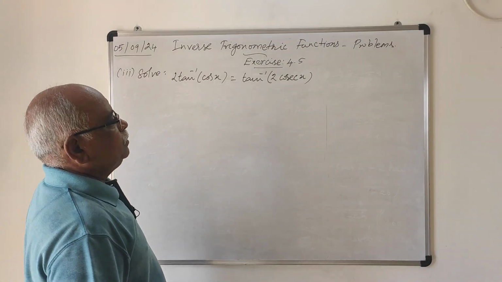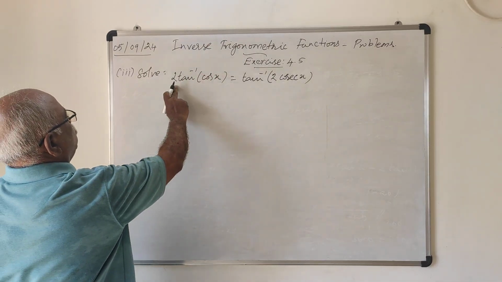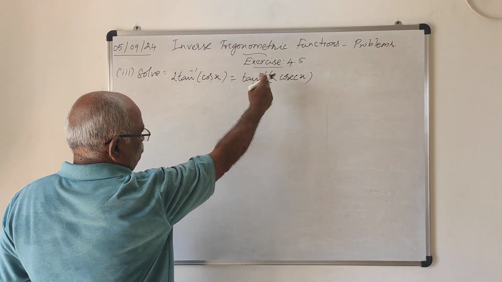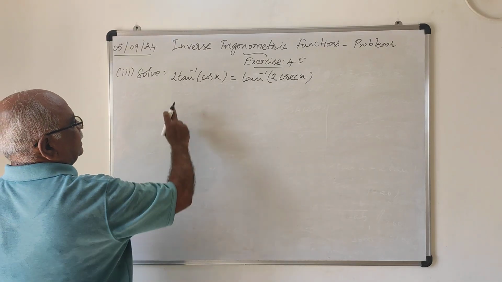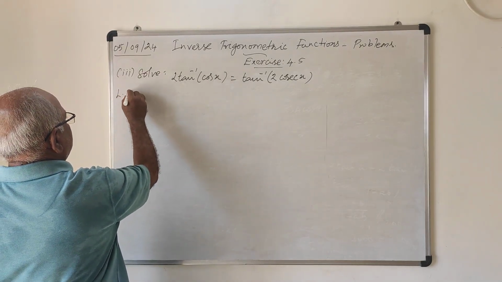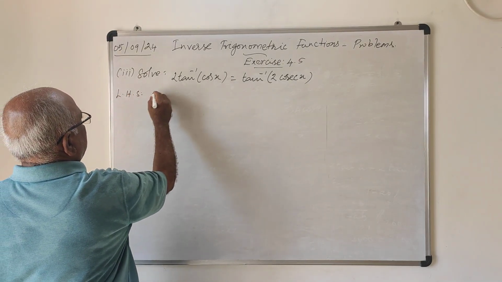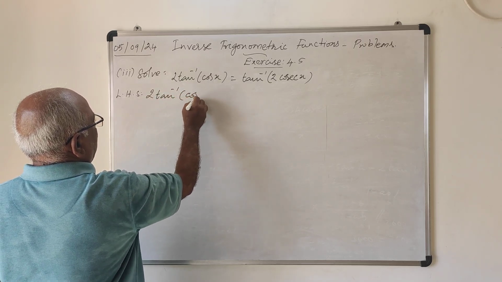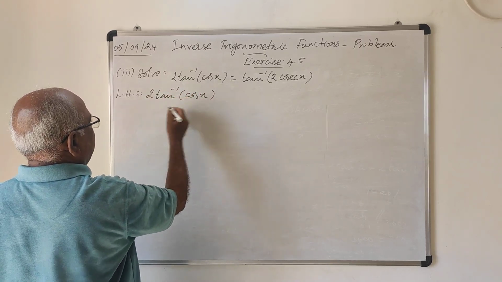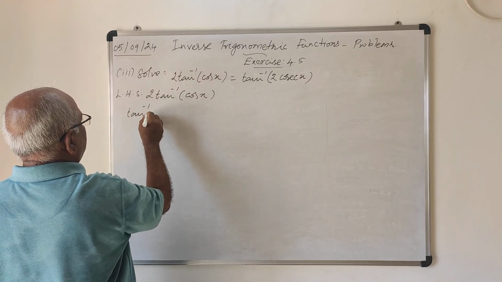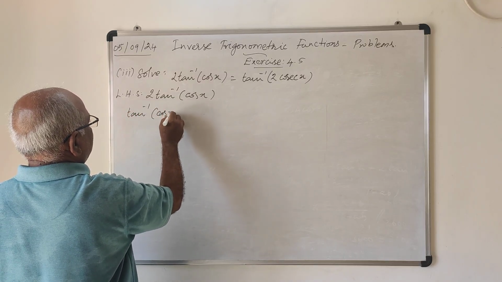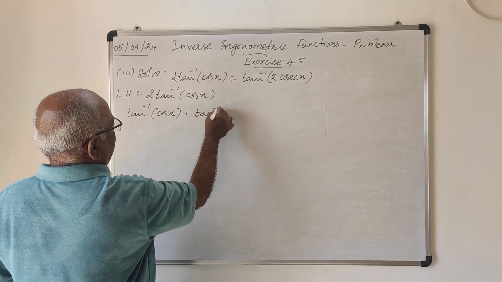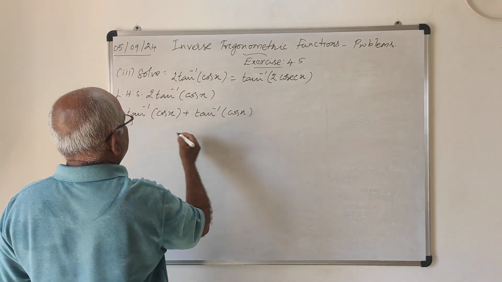Okay. Next problem. Solve 2 tan inverse of cos x equal to tan inverse of 2 cosecant x. To solve this problem, consider the left hand side first. 2 tan inverse of cos x is expressed as tan inverse of cos x plus tan inverse of cos x.